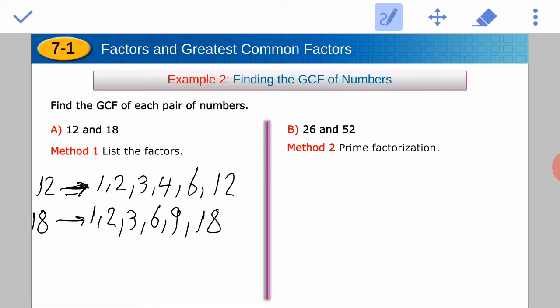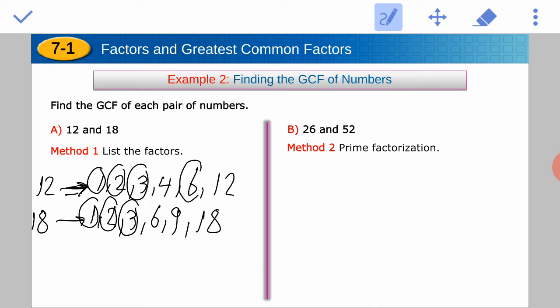Step number 3. In step number 3, you need to circle the common factors between these two lists of factors. Of course, 1 is common. Yeah. 2 is also a common factor between the top list and the bottom list. 3 is common. 4 is not common. 6 is common.